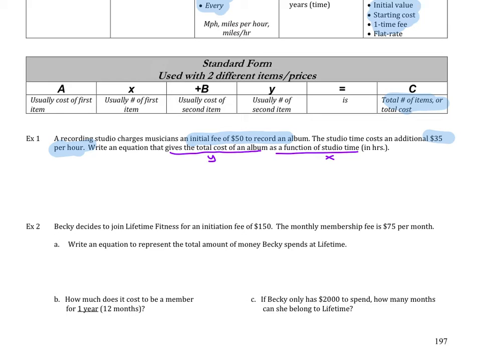So our total cost is going to equal, and we do the rate, mx plus b. The rate is $35 per hour, that's our slope, 35x, plus the initial fee of $50, that's our y-intercept.